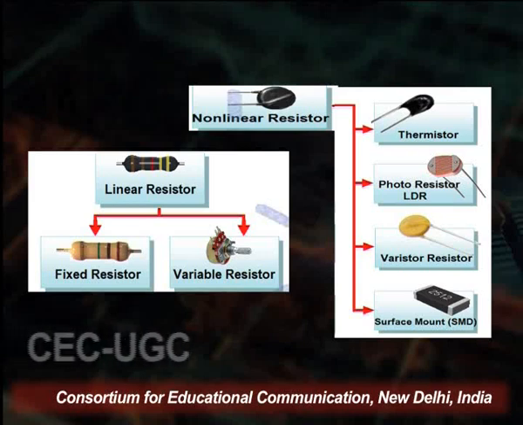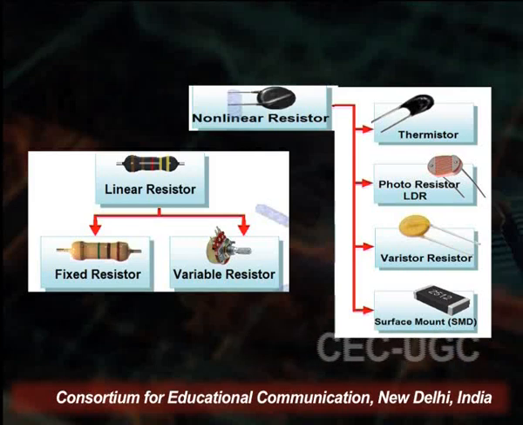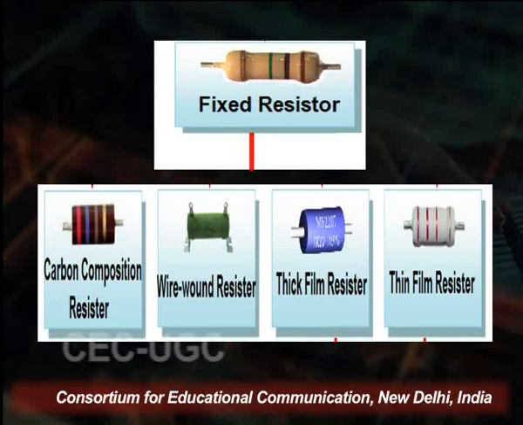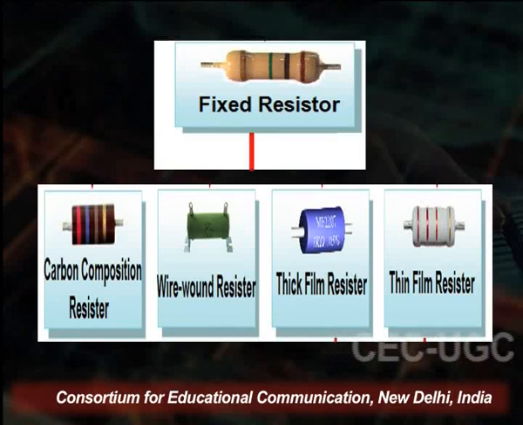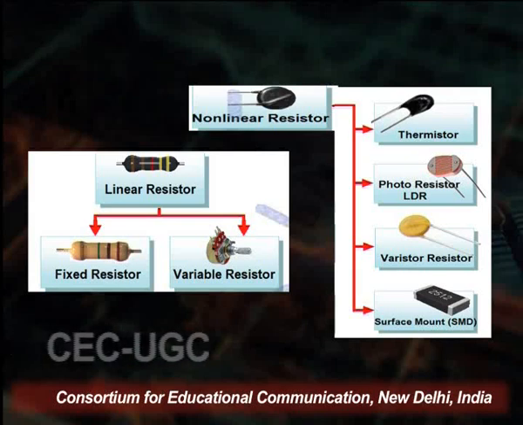So linear resistors are divided into two parts and non-linear into four parts. Now we discuss the fixed resistor and the variable resistor, which are types of linear resistor. Non-linear we will discuss later.